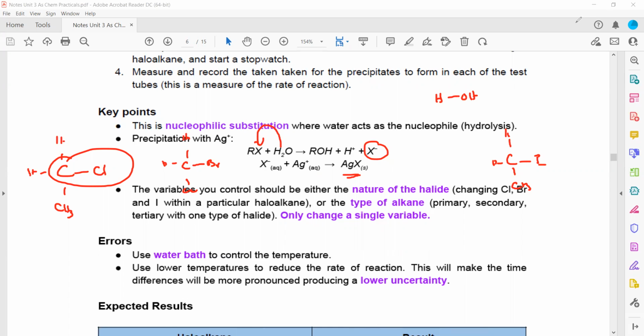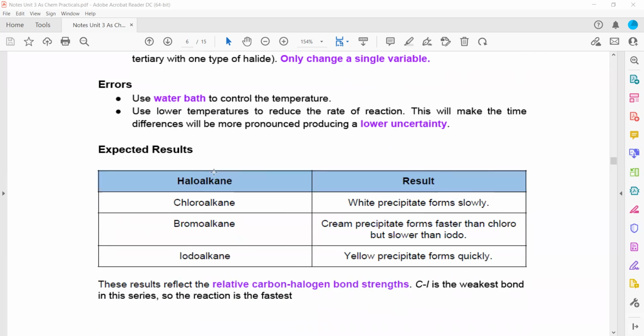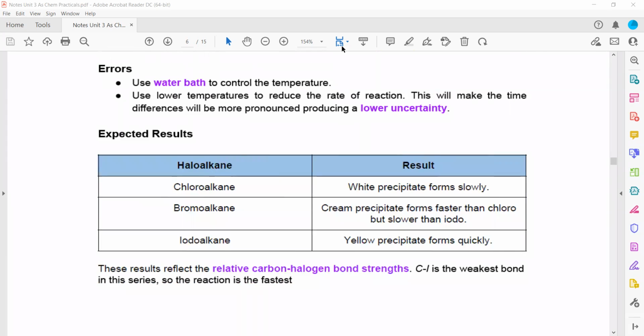Then what can be the sources of error, and how can we reduce them? We are using a water bath to control the temperature. Otherwise, if the temperature cannot be controlled, it will lead to error. Or use a low temperature to reduce the rate of reaction. This will make the time difference more pronounced.